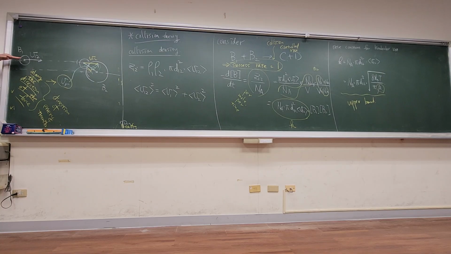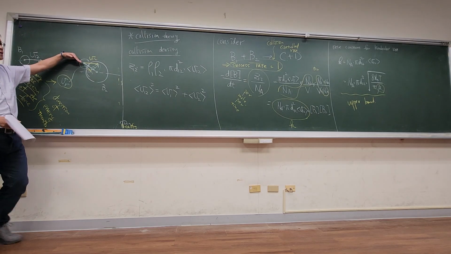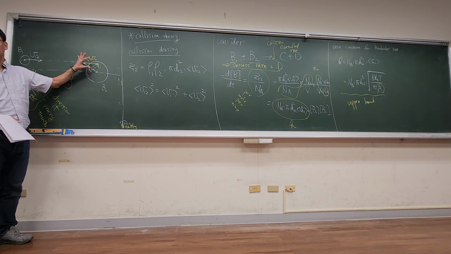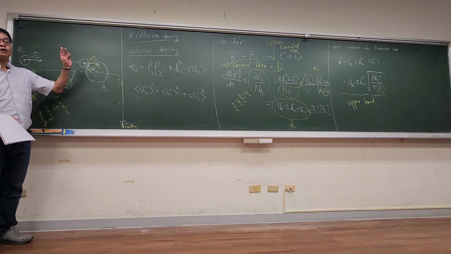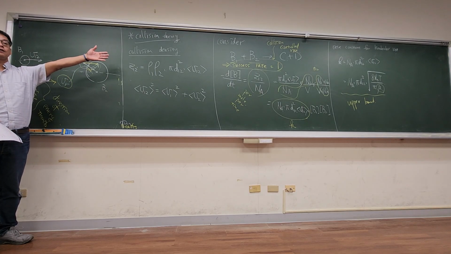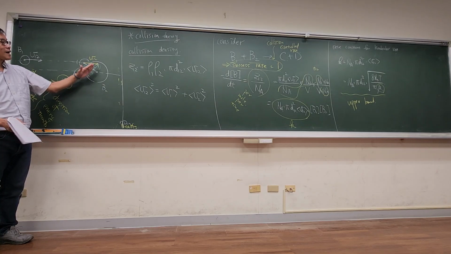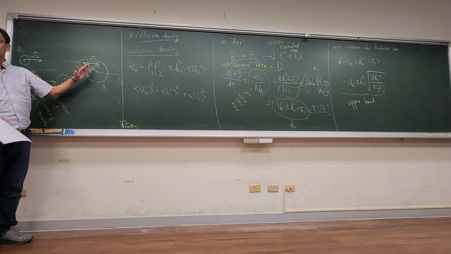Initially, you have a total kinetic energy of this amount defined by this velocity, but only the kinetic energy along this direction can be transferred between these two molecules to be used for chemical reaction. And this part, this tangent velocity, is useless.